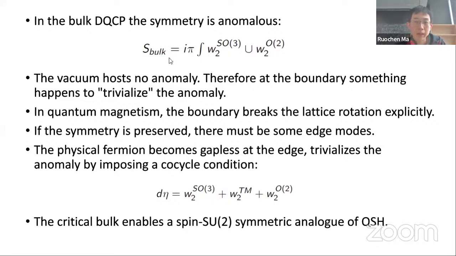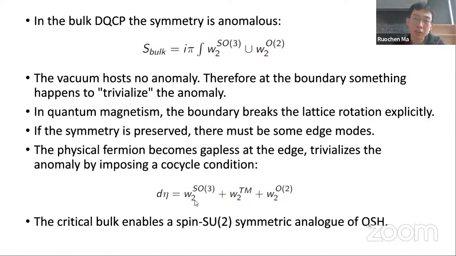And what does the job here is the physical fermion. The physical fermion now has to become gapless at the edge and drive the critical theory into an anomaly-free theory. And it does this job by imposing a co-cycle condition like this. And here it can be regarded as some twisted version of spin structure.